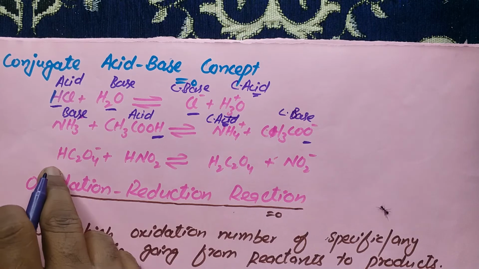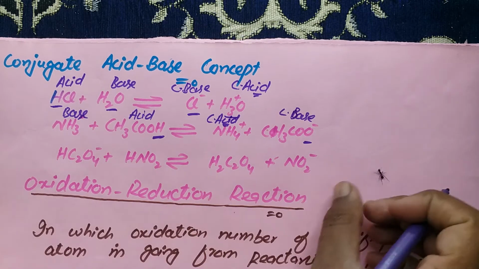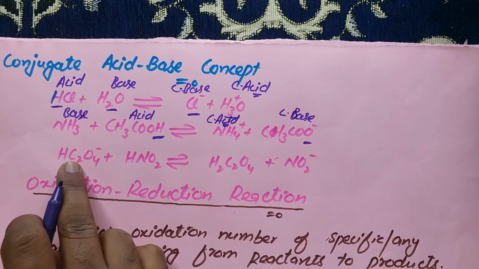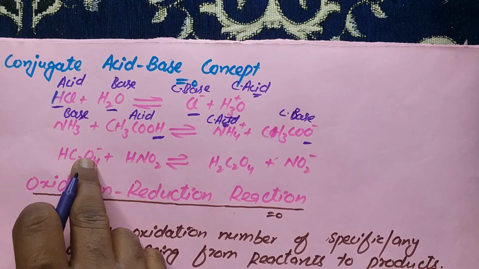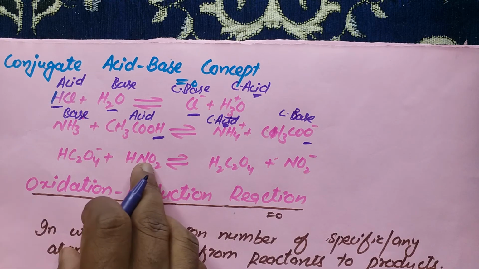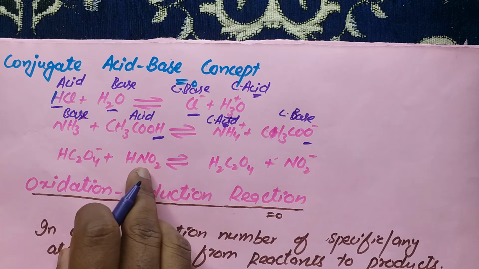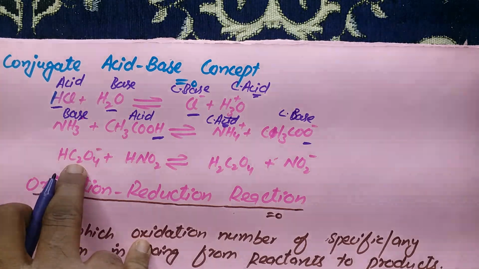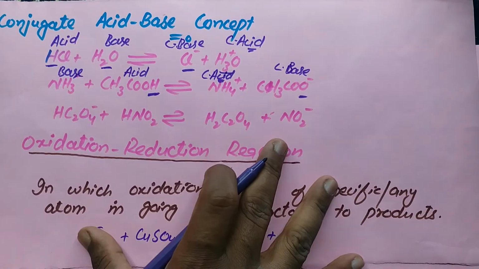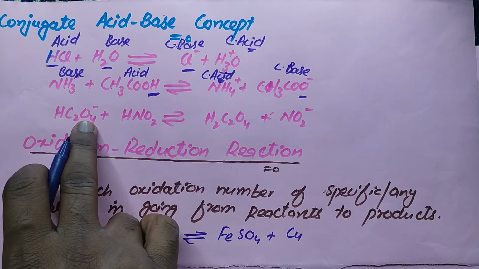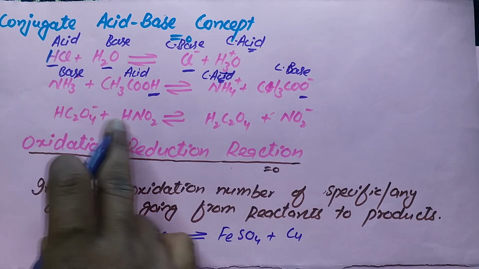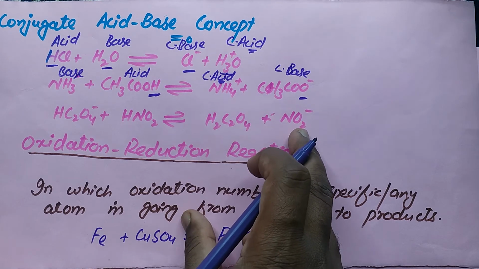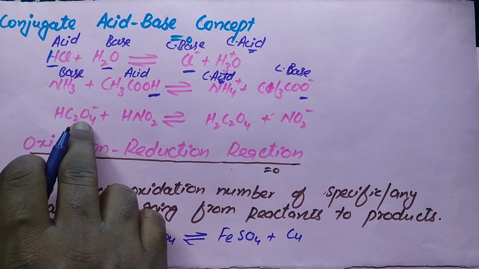So we move on to the next example, HC2O4 negative. It is a negative species, it can also accept a proton. So HNO2, nitrous acid, will give a proton to HC2O4 negative. H2C2O4 बन जाएगा, देन उसके बाद NO2 negative बन जाएगा. क्लियर हो जाएगी बात.